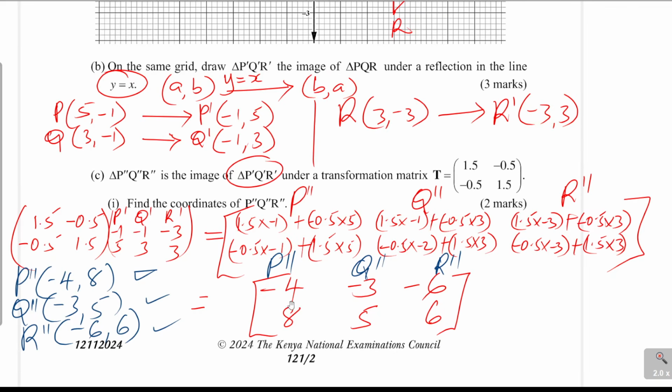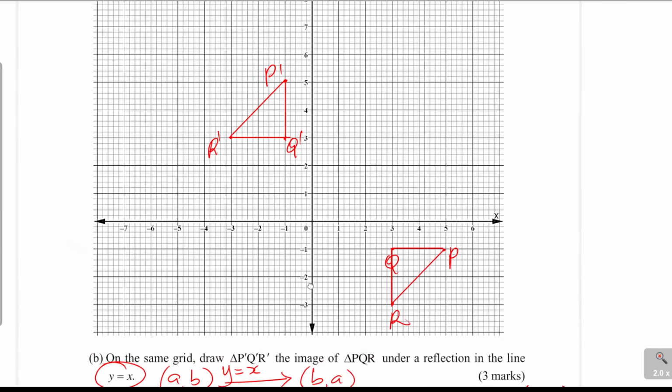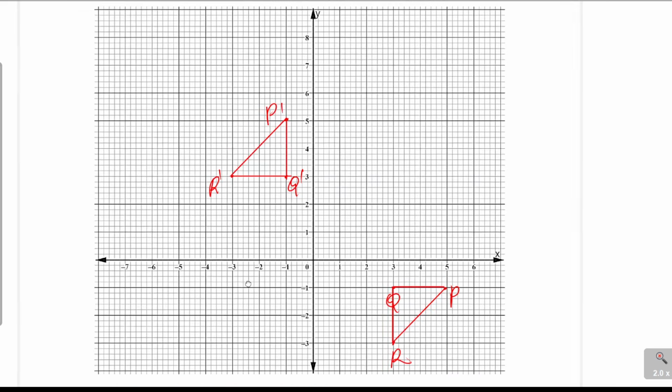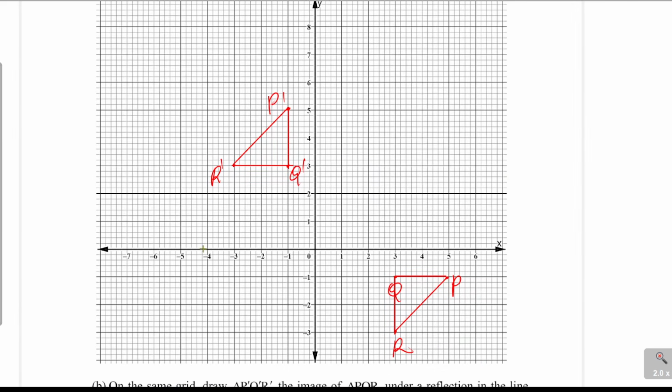So negative 4, 8 is there. And then we have the other one, negative 3, 5. Negative 3, 5 is there. So this one is R double prime, this one is P double prime.